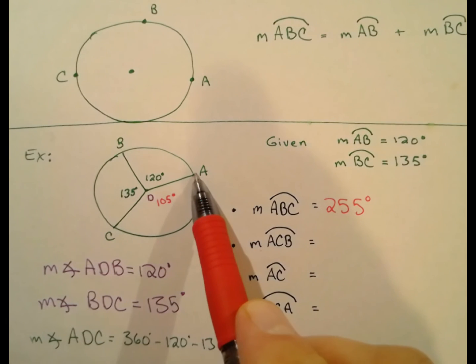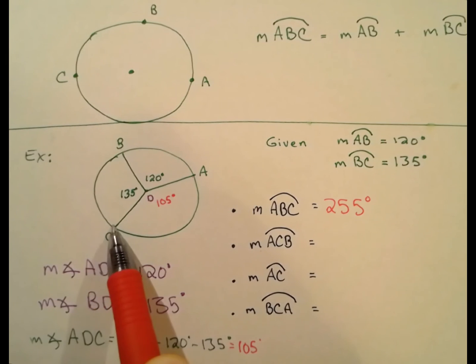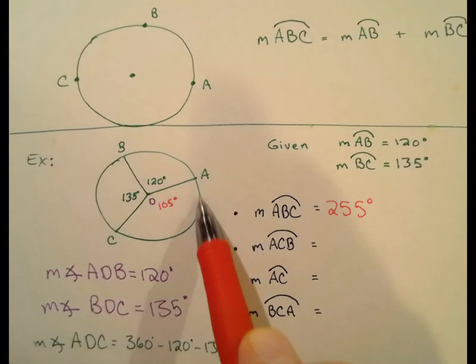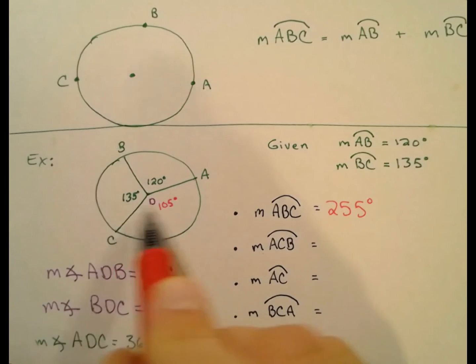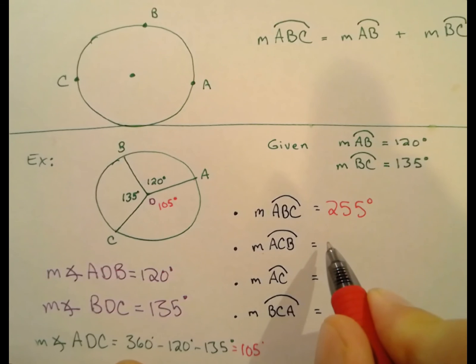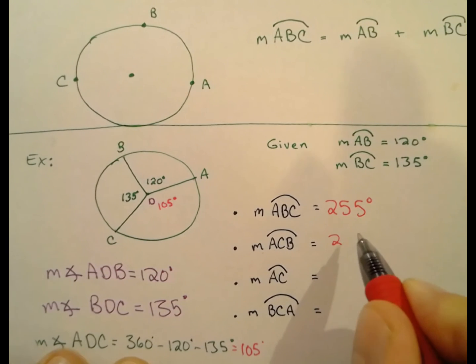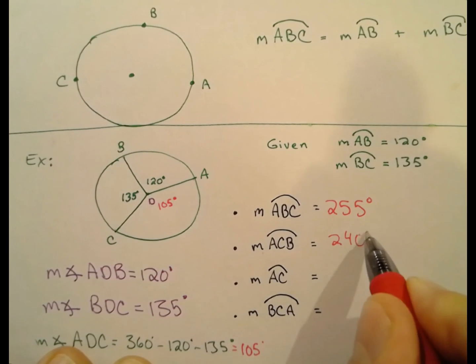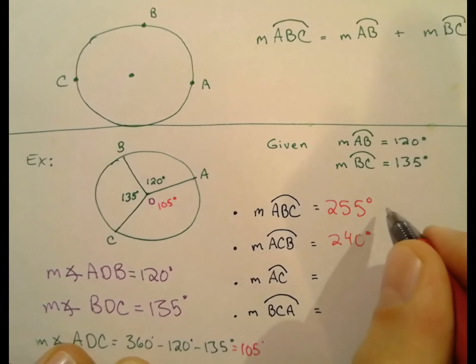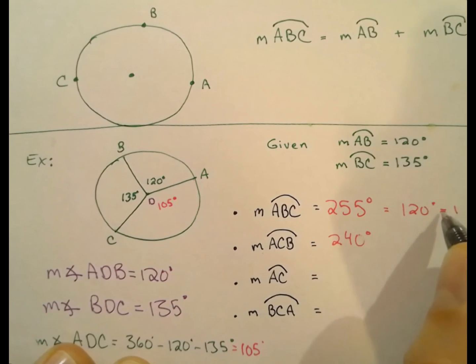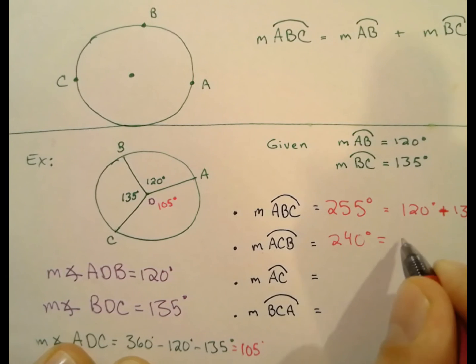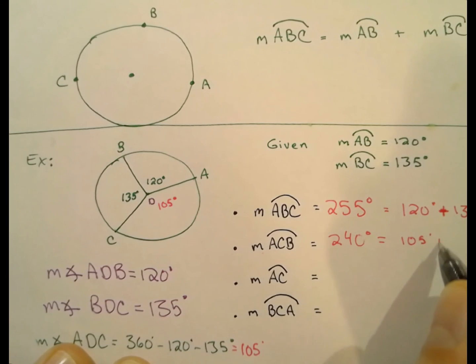Now we're starting at A, going through C, and stopping at B. So we're looking at this portion. We'll add those two central angles together, and that is going to be 240 degrees. Again, I added the 105 degrees plus the 135 degrees to get 240.